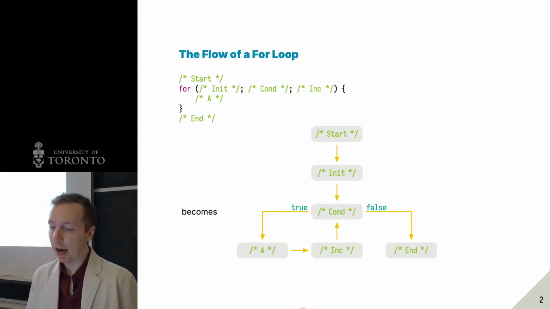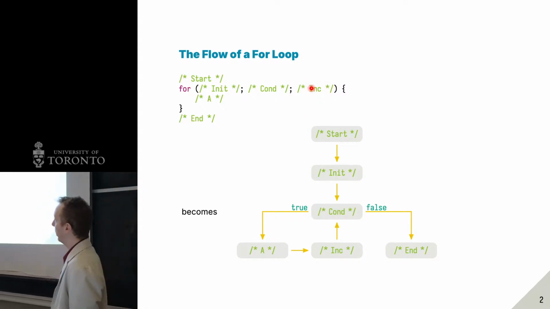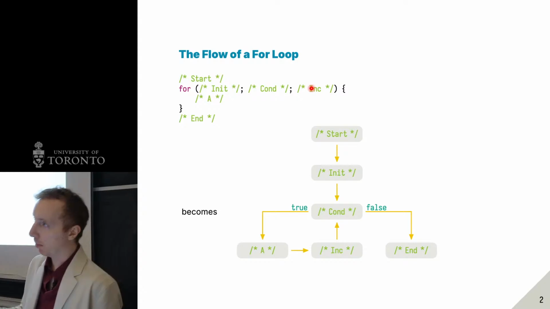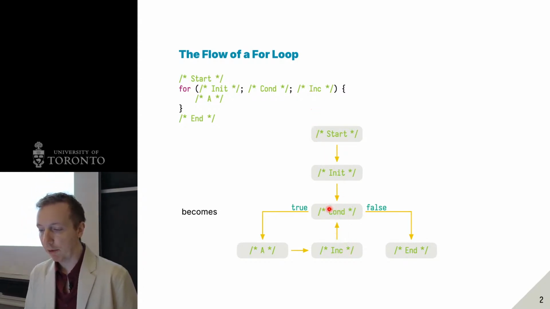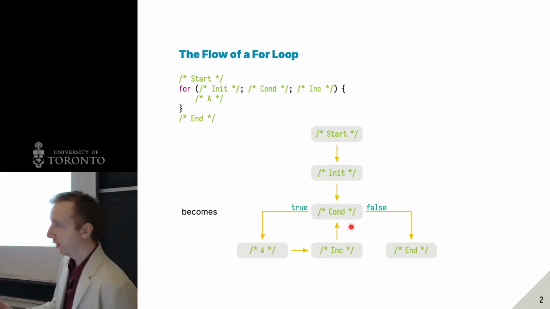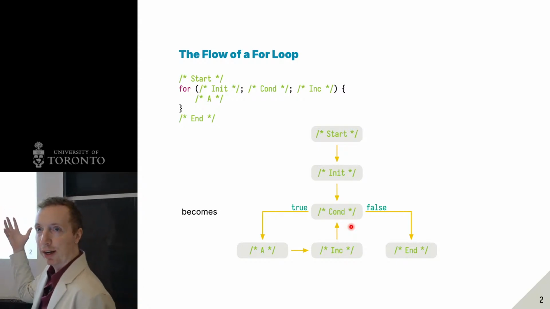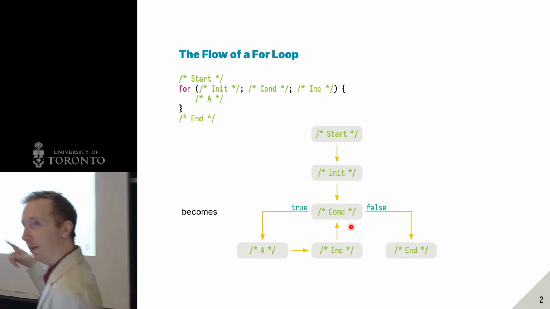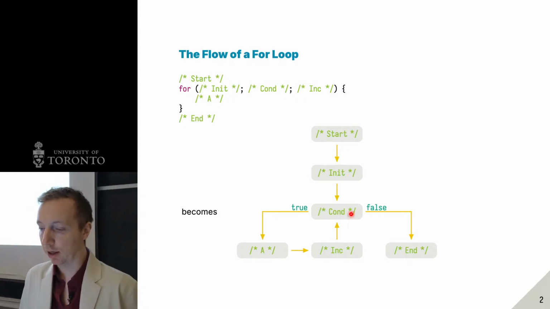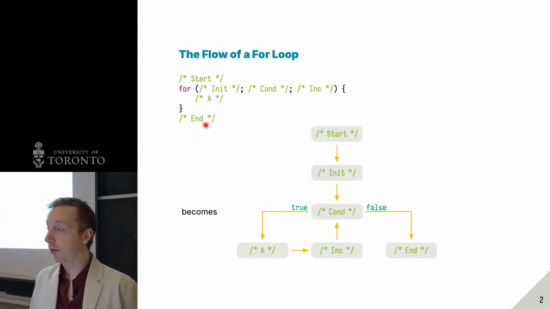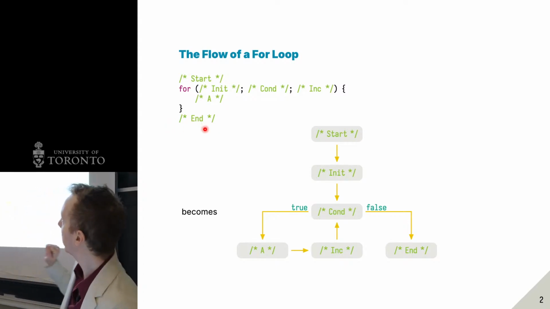And then at the end of it, it will perform this increment expression. So I don't have to remember to put it in. I separate out my concerns. And then after it increments, it will recheck that condition. Again, if it's true, it will cycle through. Eventually, that condition should be false. Otherwise, I get an infinite loop, and my program does not work, and I have to press Control-C to get out of it. When it's false, just like the while loop, it just goes to the end. So is everyone okay with that?